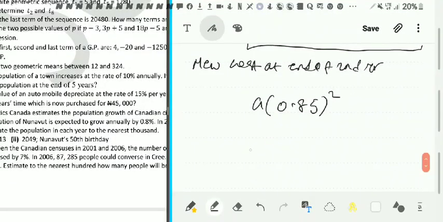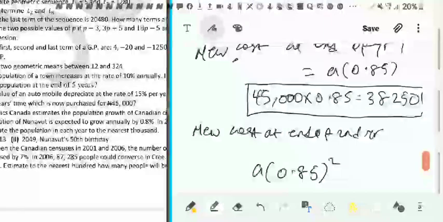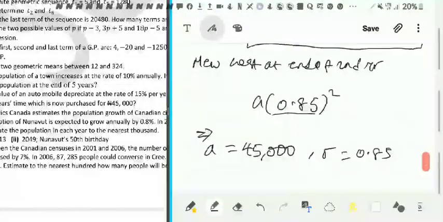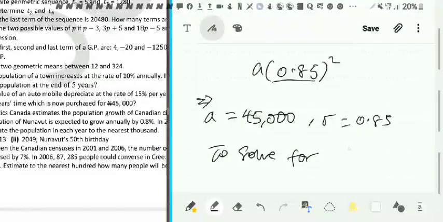But we won't be doing all that anyway. So A, what does it imply? A is 45,000. That's the initial money at the start. Then what is the ratio? 0.85 is going to be the common ratio. So we're solving for the amount at the end of the third year. We're going to be using T4 so that we will have AR cubed for the third year.